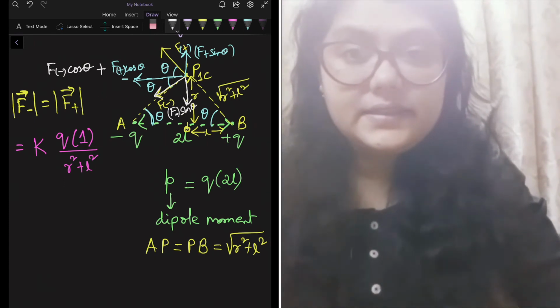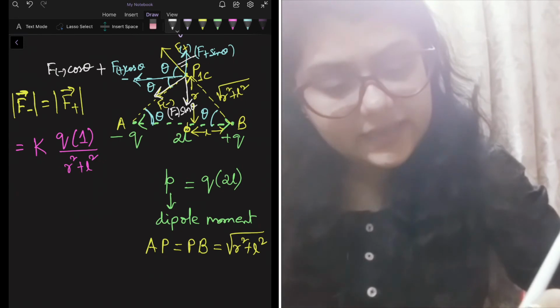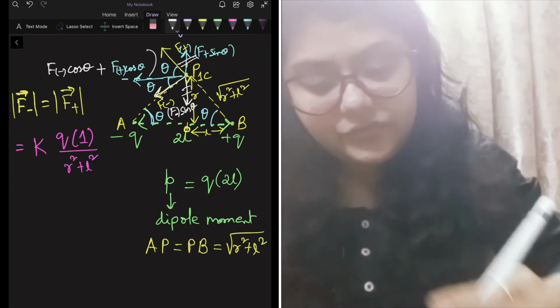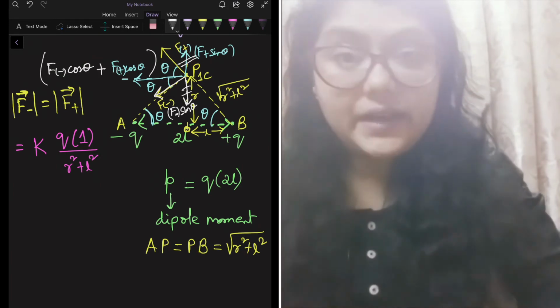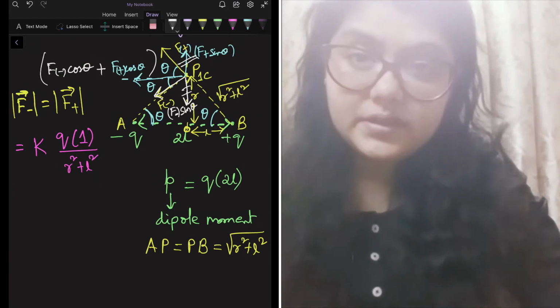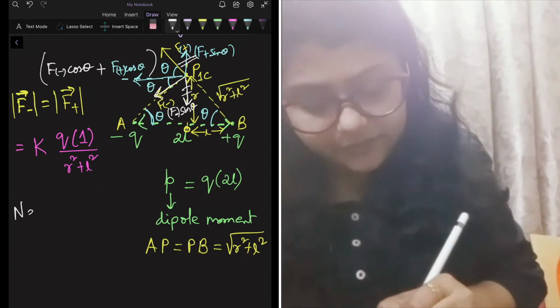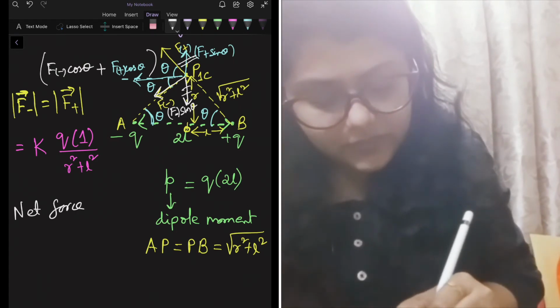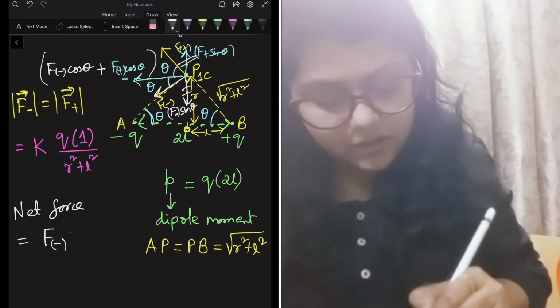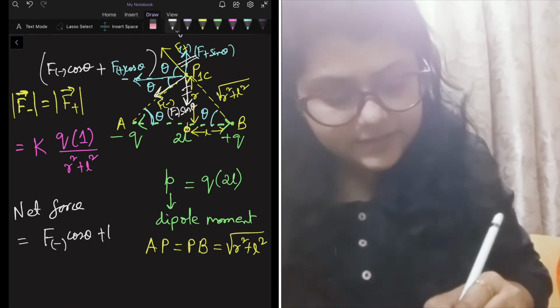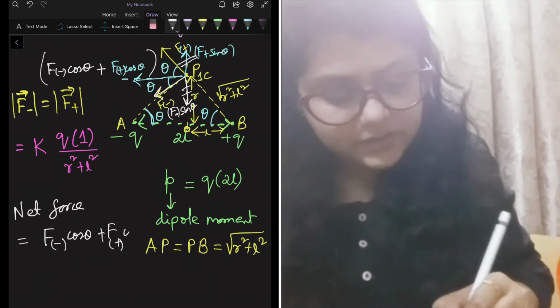F plus sin theta and F minus sin theta will cancel each other. So we are left with only F minus cos theta and F plus cos theta, and magnitude of F minus and F plus are equal. So I can say my net force is equal to F minus cos theta plus F plus cos theta.